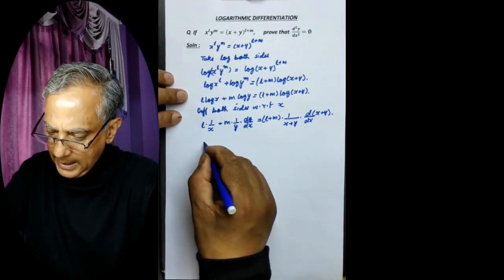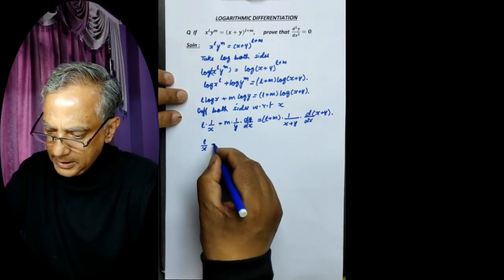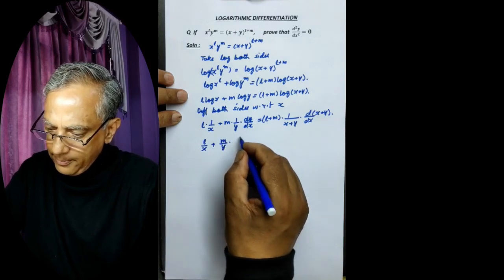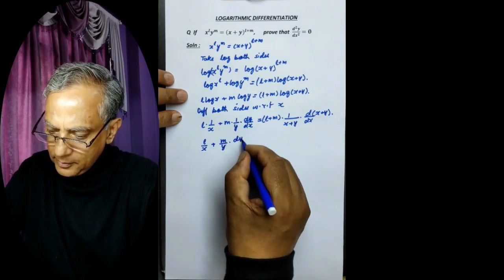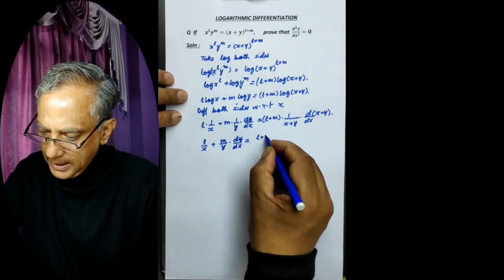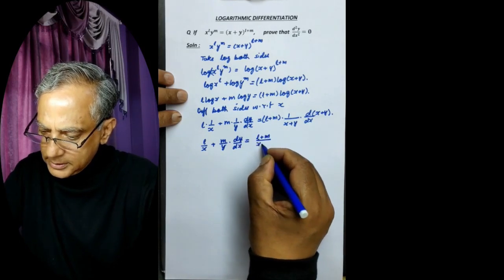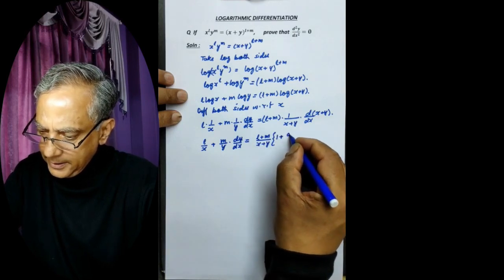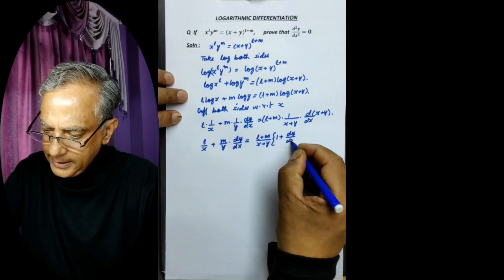This will be L by x plus m by y into dy by dx is equal to L plus m over x plus y whole into 1 plus dy by dx.